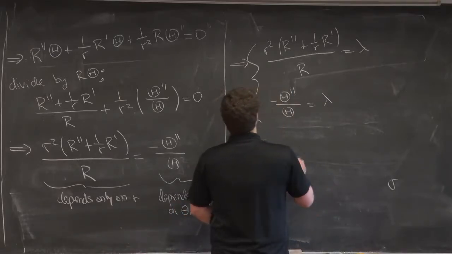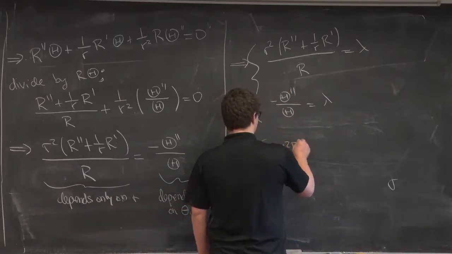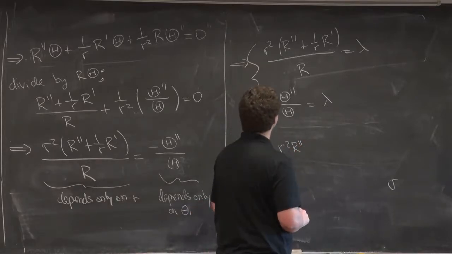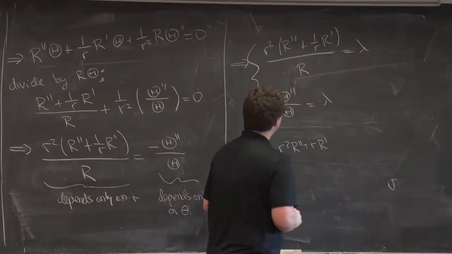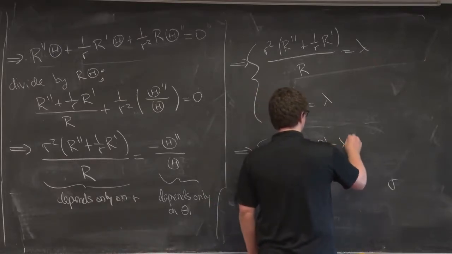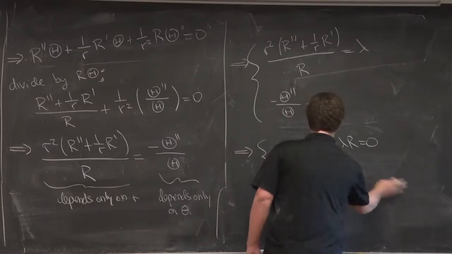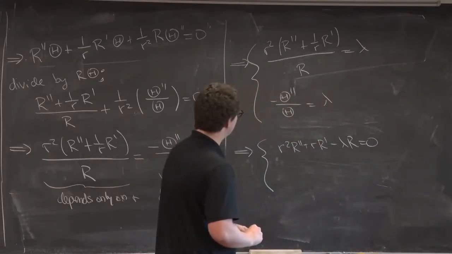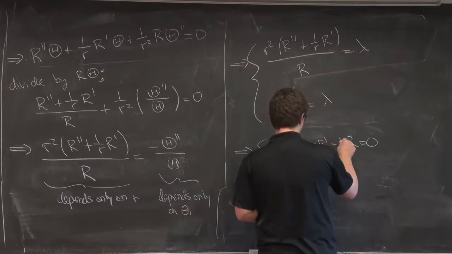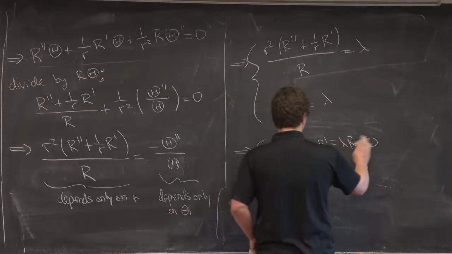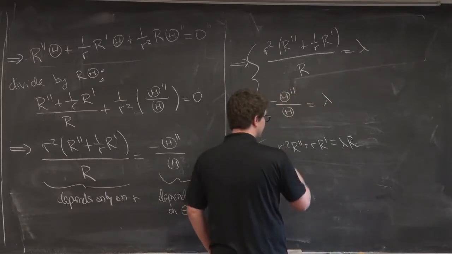So what do we get? We get that r squared R'' plus r R' minus lambda R is equal to 0, or we could say this is equal to lambda R. Let's write it like that, because it looks more like an eigenfunction.